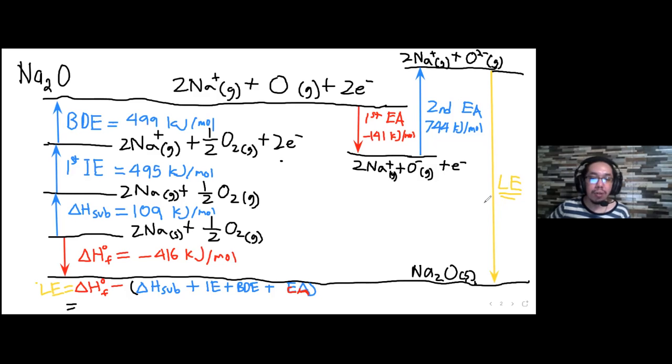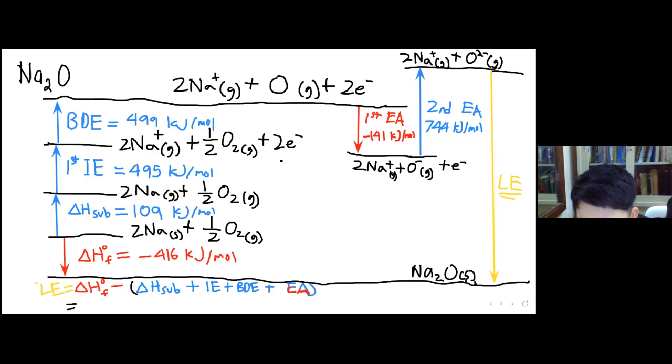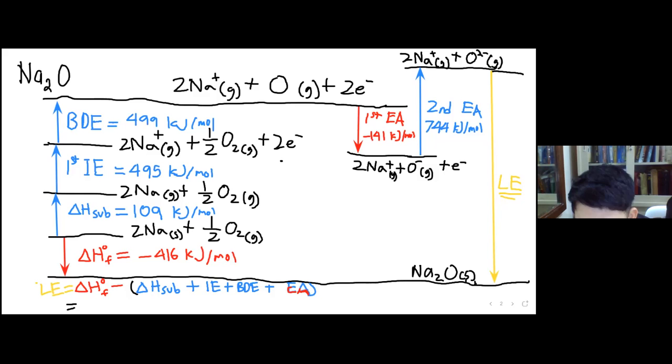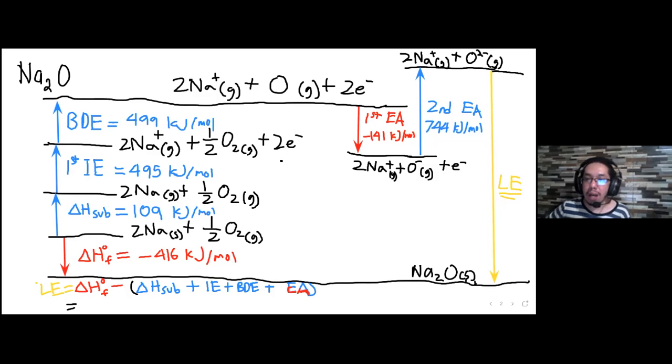So can lattice energy also be a positive value? It can be, but rarely. It's usually just exothermic for most. But it depends on the orientation of your arrow, or how your reaction will proceed.